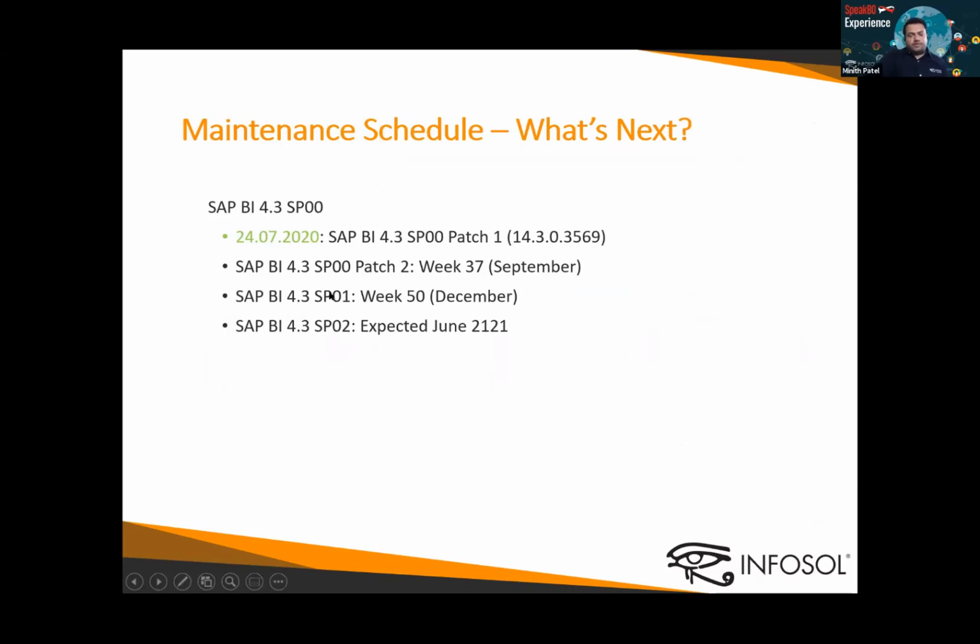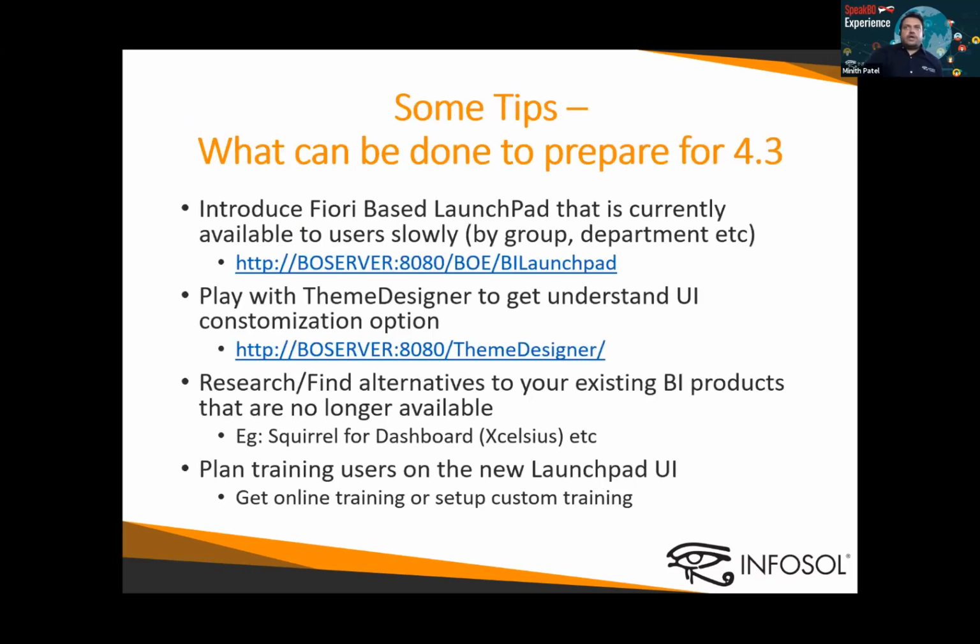SP1, which is supposedly going to be very refined and clean, is coming the last week of December this year. They have released patches for the GA release. Patch 1 is available as of today. Patch 2 is scheduled to release sometime in a few weeks from today. But that's where we're at.